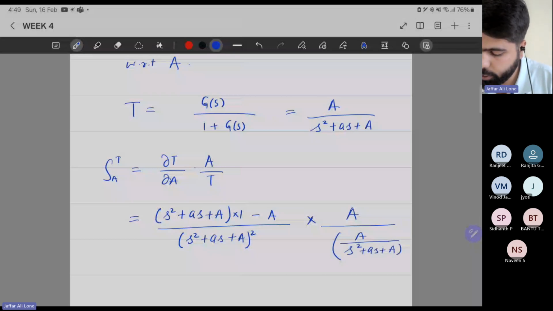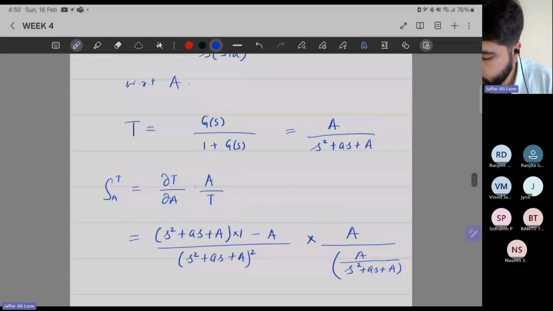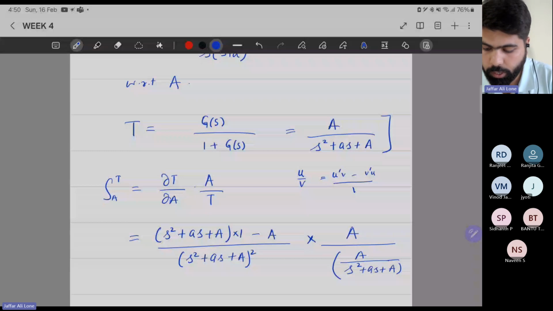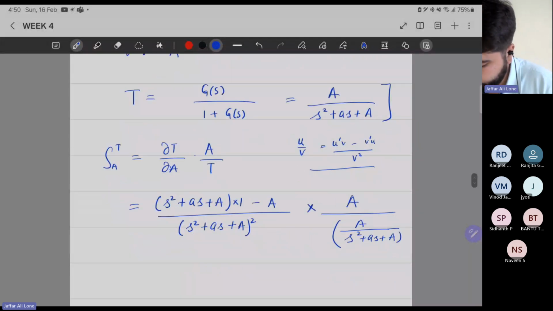How have I differentiated it? I have used the division rule. If you have U over V and you have to differentiate this, you get U dash V minus V dash U divided by V square. That's what I have used here.